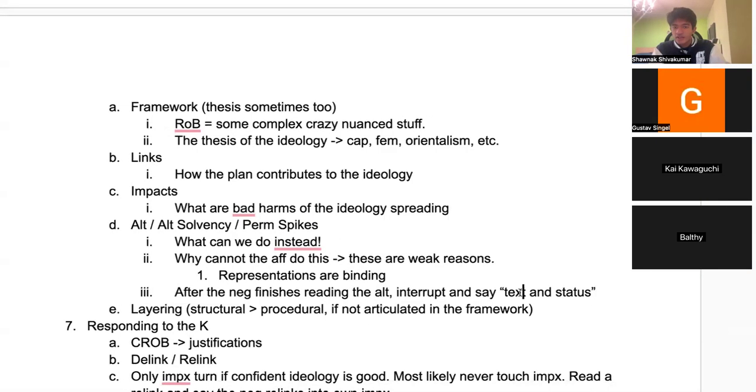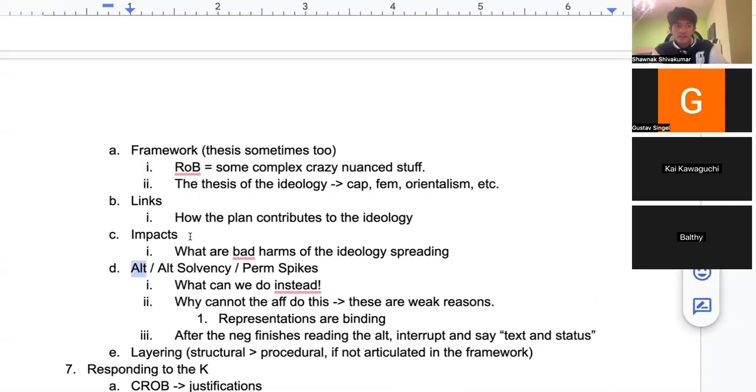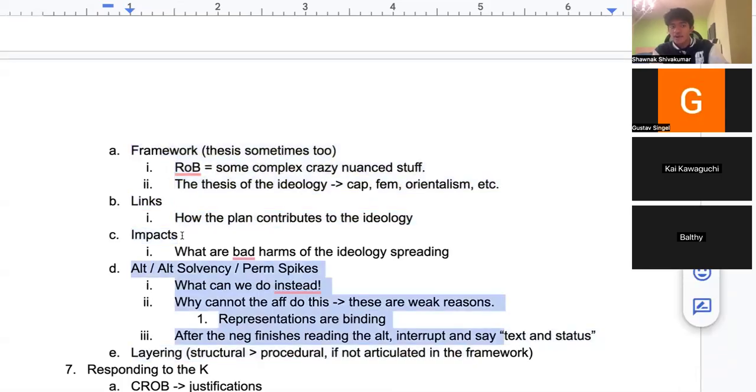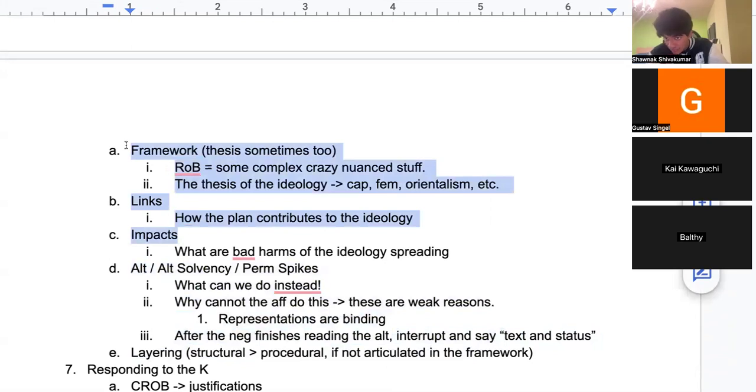You want to get the text of the alternative and the status of the alternative, because the alt can also be condo. They can kick the alt at any time. And if you notice, this looks very much like a disadvantage. So they can just kick the alt and then the MO reads these as disadvantages. It's a very advanced strategy. Most teams cannot handle something like that. But yes, that is a very common college strategy.